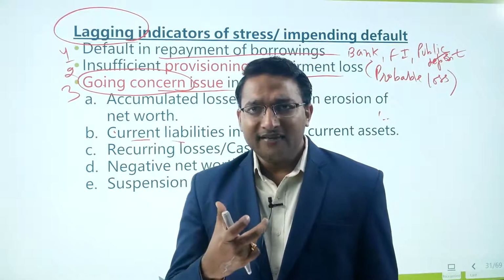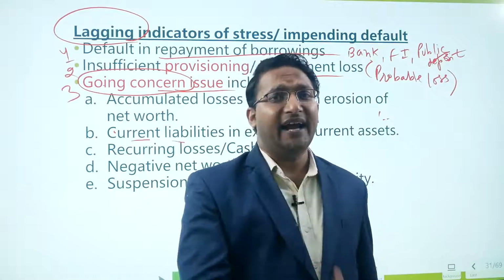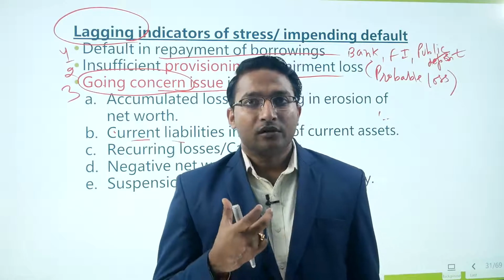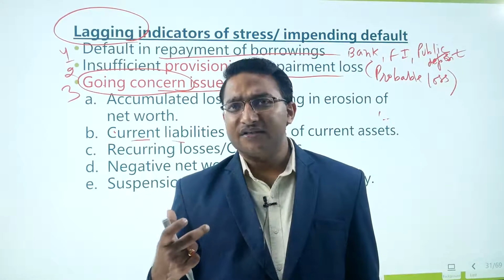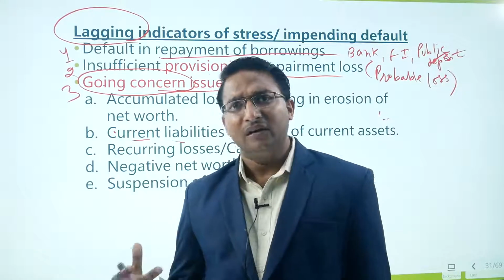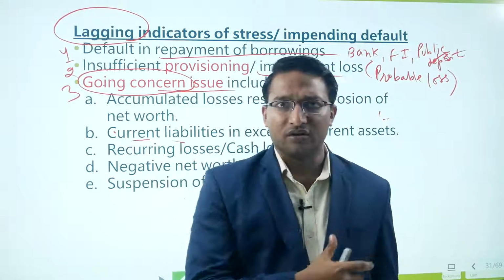So what is the impact of that? When I say that any company will operate for infinite time, that means the obligations which exist on the part of the company will be repaid in future because the company is going to operate in the future.